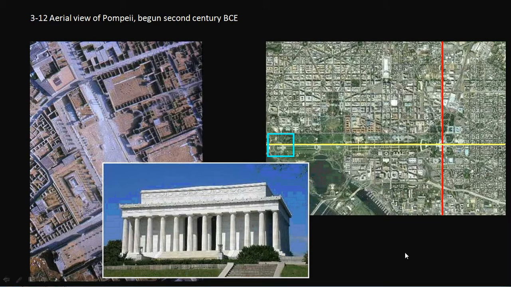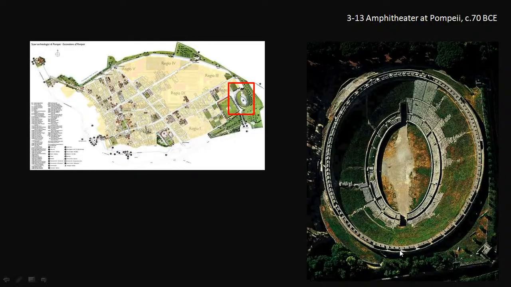Now, as we continue to look at the layout of Pompeii, we were looking at the Forum, which is here in Pompeii, the oldest part of town, but it continued to grow, spreading outward over the years.